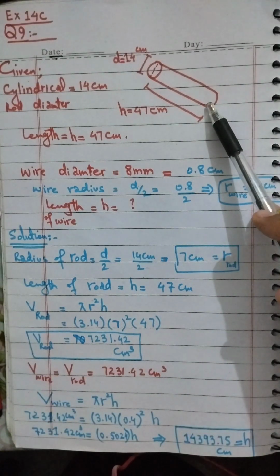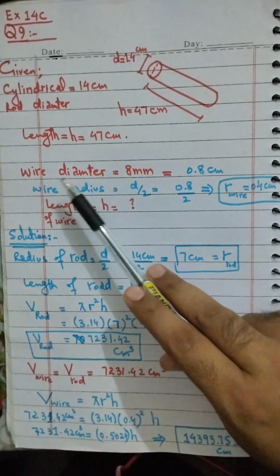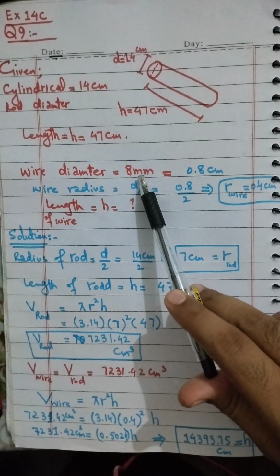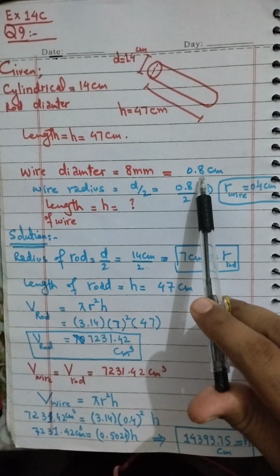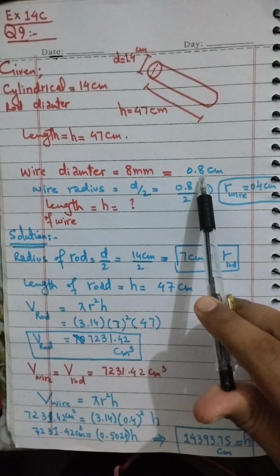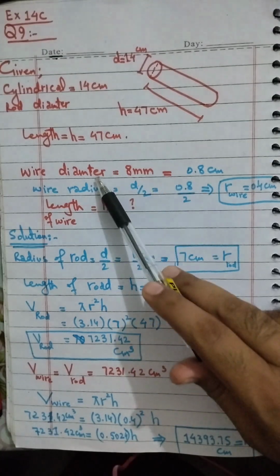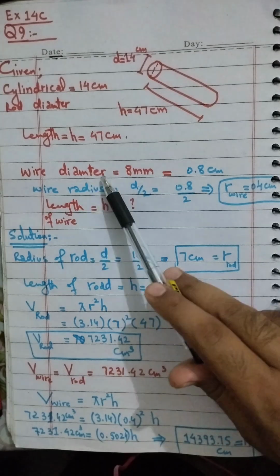Now we melt it and turn it into a wire whose diameter will be 8 mm. Now we have to turn the millimeter into centimeter. We know that 1 mm is 0.1 centimeter, so it will become 0.8 centimeter, the diameter of the wire.